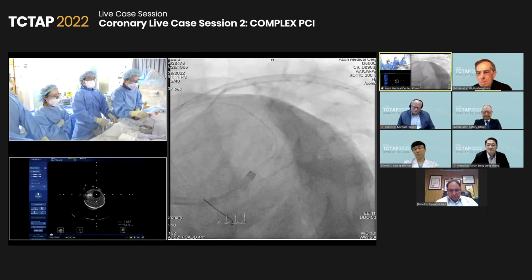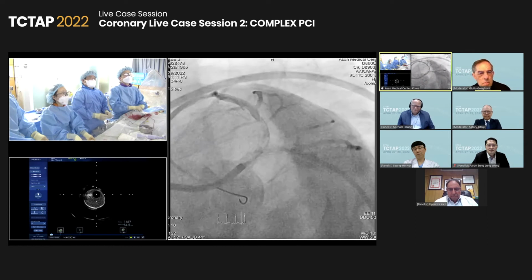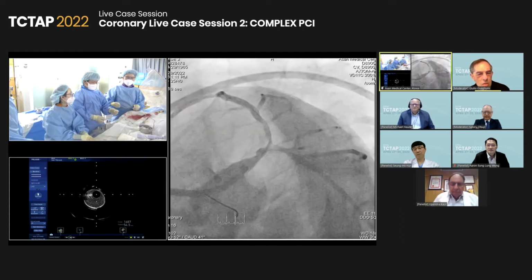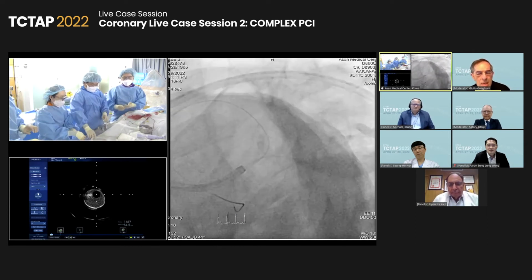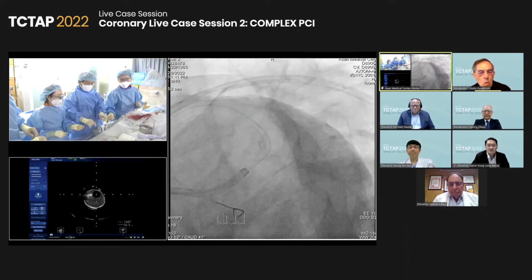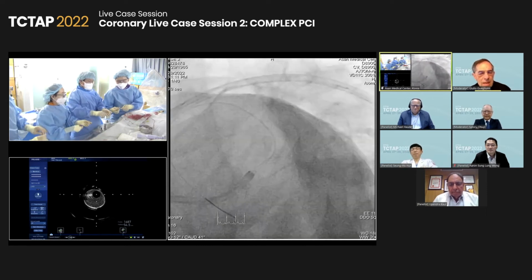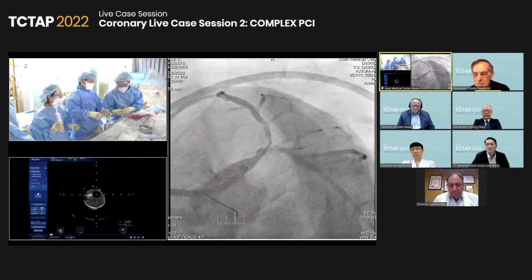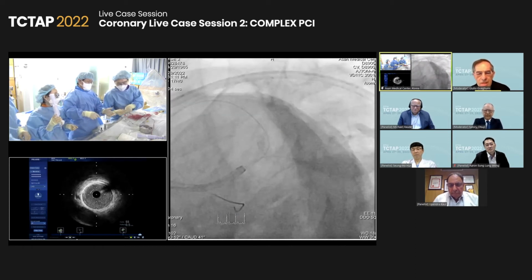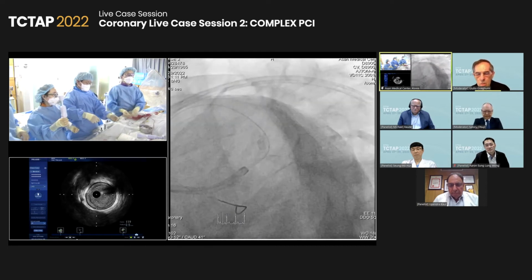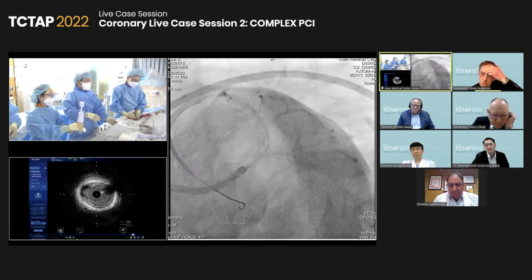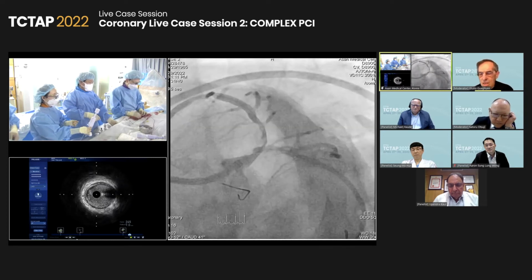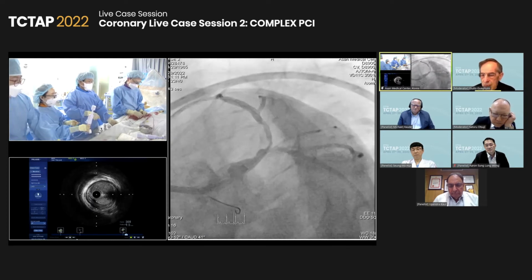Good. Somebody was suggesting to prepare this lesion gently with a small balloon to see. And if you go back after the pre-dilation, you can still see the incredibly asymmetric distribution of this plaque. So Aaron was also in favor of supposing an eccentric tight nodular calcification.